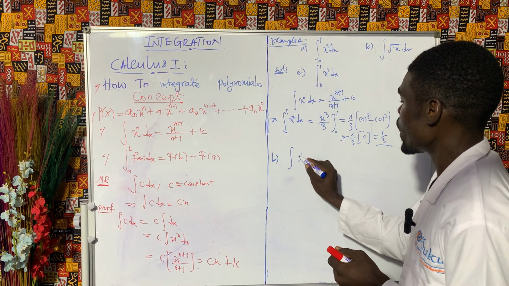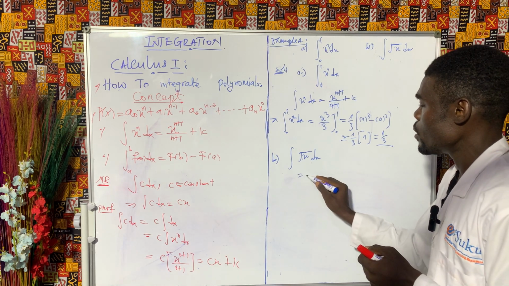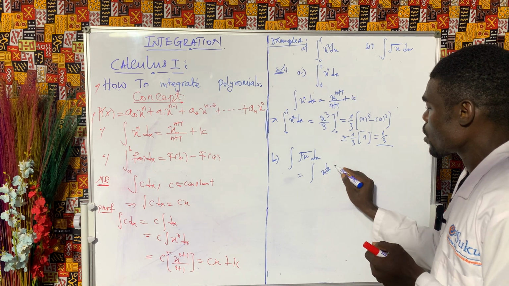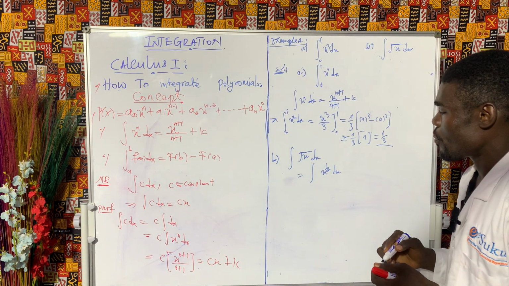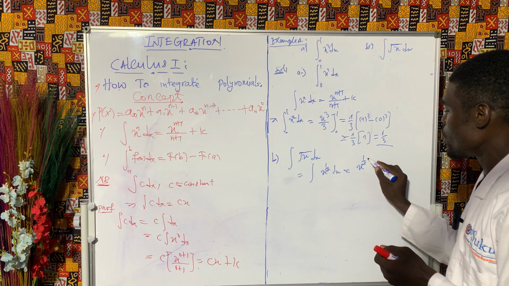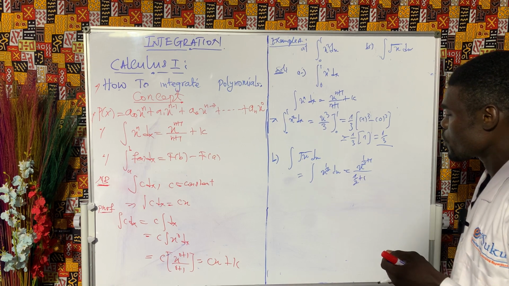We have the integral of root x dx. We remind ourselves that this is also seen as x to the power half. So integrating will be x to the half plus 1 over a half plus 1.